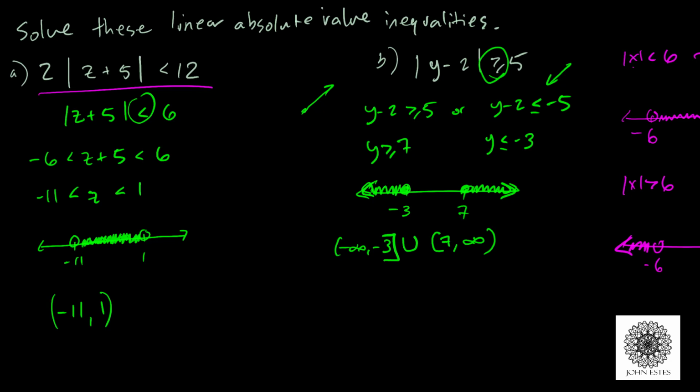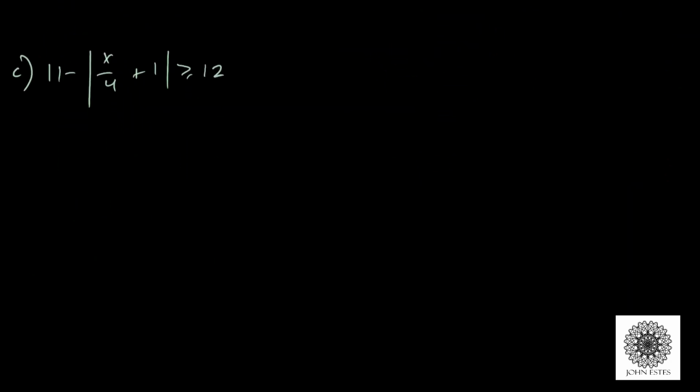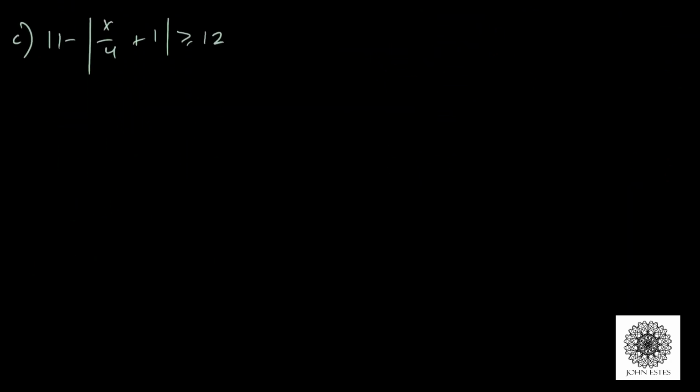All right, let me show you one more. So this one looks a little bit more difficult, but it's not really. Okay, so here I'm going to subtract the 11, so I end up with a negative absolute value x minus 4 plus 1 is greater than or equal to, let's see, 12 minus 11 is 1.